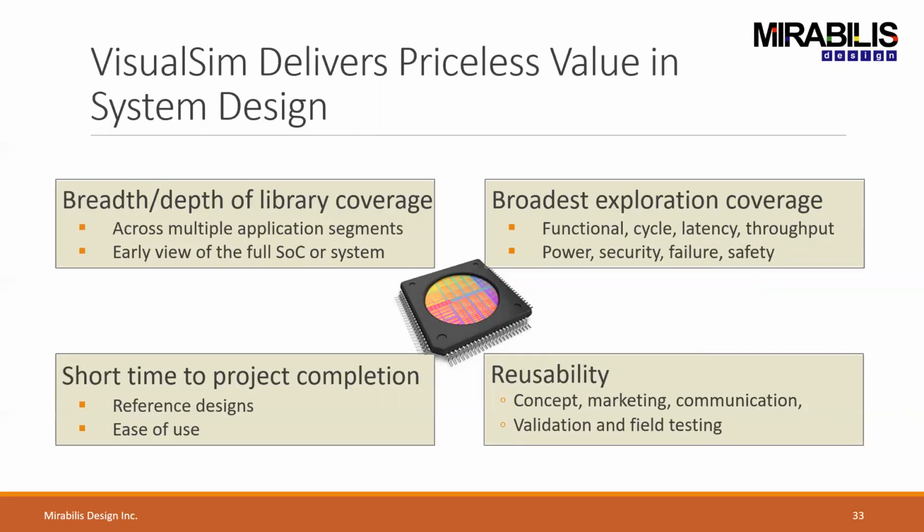It's probably the broadest in the market. Now, because we provide you a large number of reference designs, ease of use, and libraries, we can cut short your development time, sometimes by even 6 to 9 months of your development cycle.